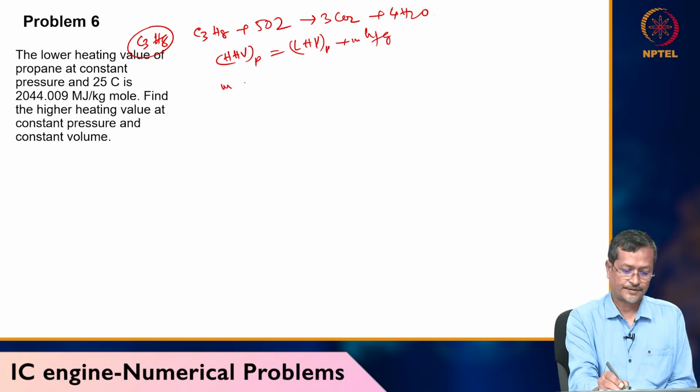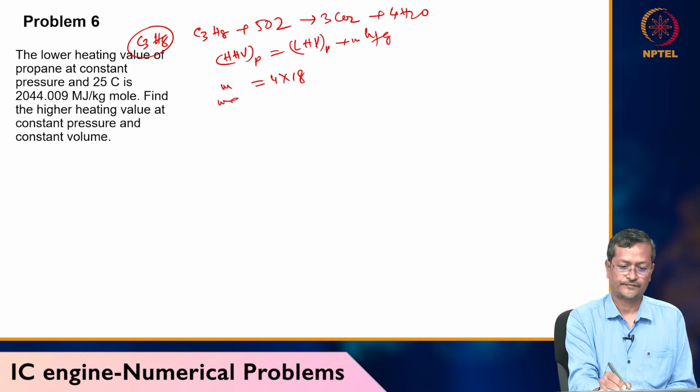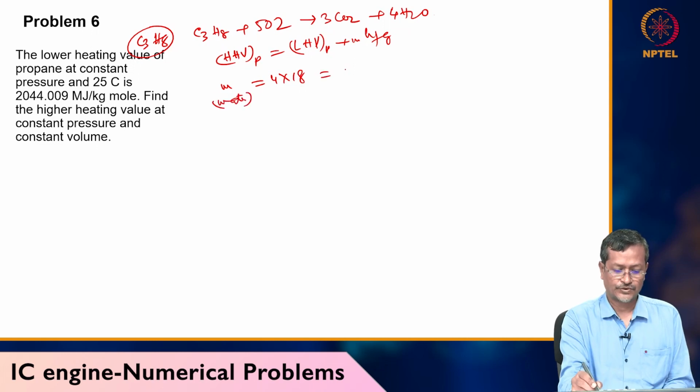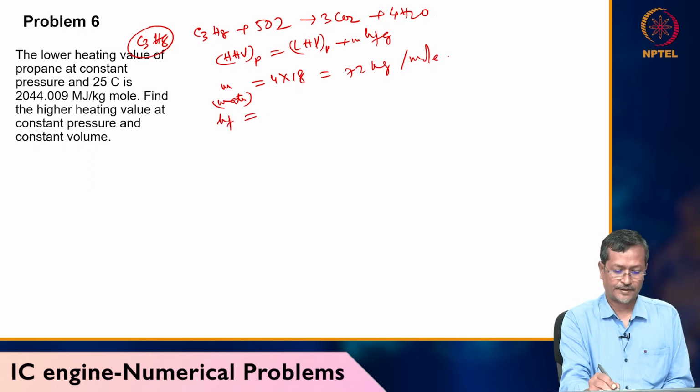Now the mass equals 4 into 18, this is the water vapor mass, so 72 kg per mole. Now hfg is your latent heat, or enthalpy, which is 2442 kJ per kg at 25 degrees centigrade.